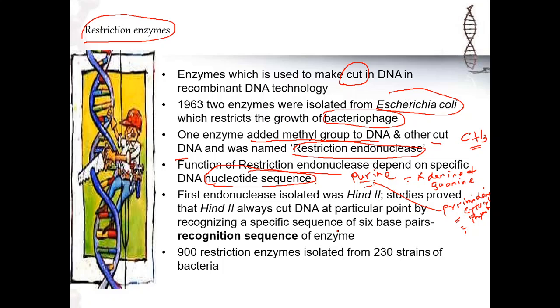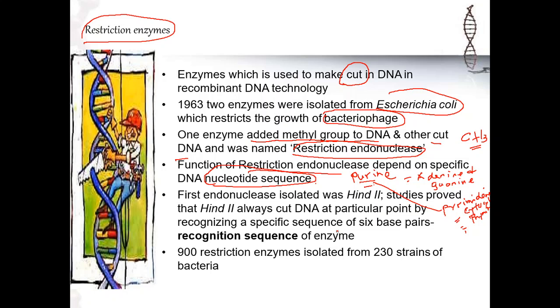And in the DNA-based sequence, in the pairing of nitrogen bases, mga nitrogen bases kasi itong adenine, guanine, cytosine, and thymine. In pairing of that, there is always an opposite pair. For example, adenine is always paired with thymine.